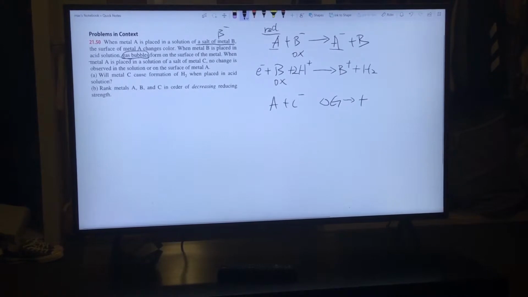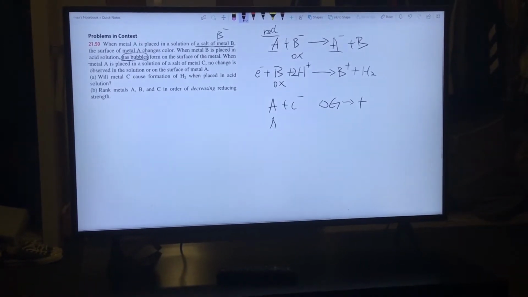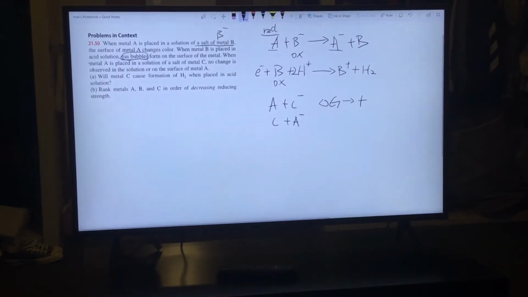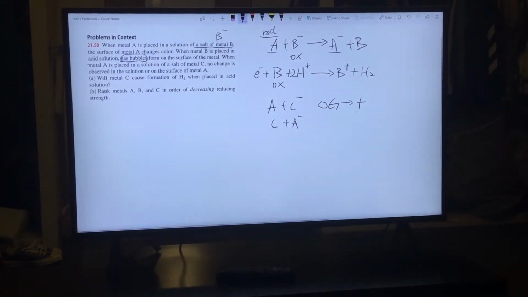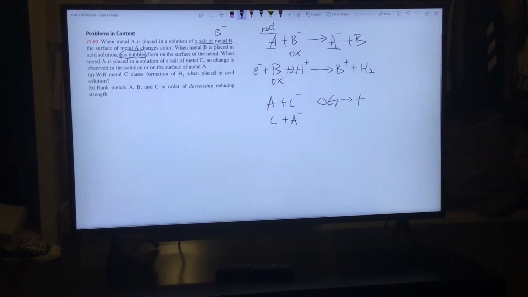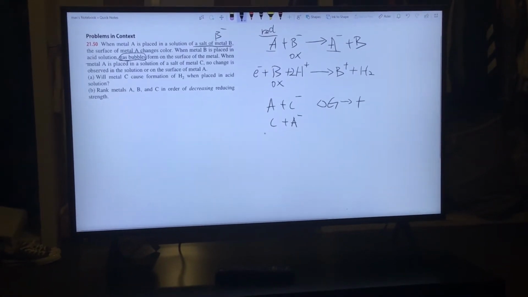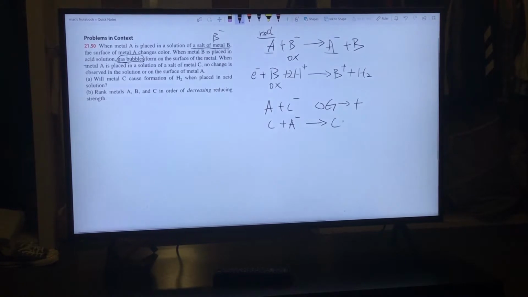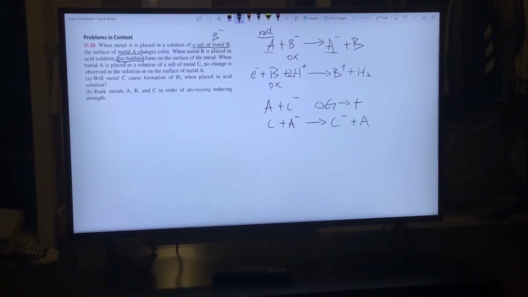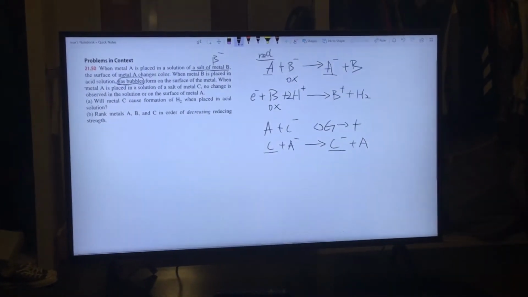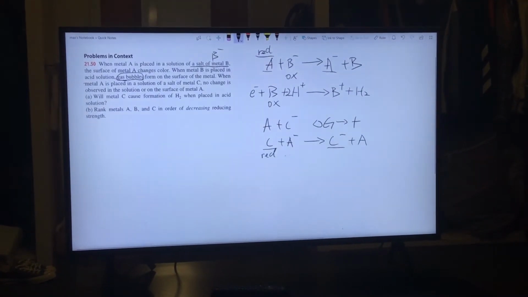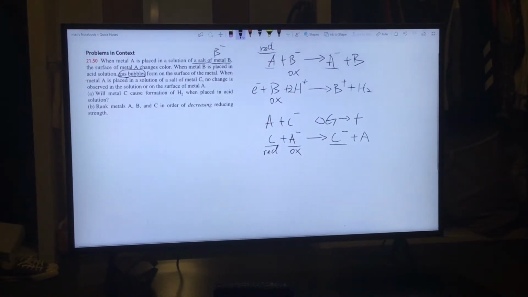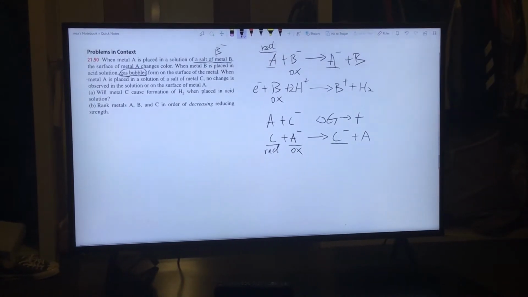So if it's not spontaneous, that means C minus plus A would be working because the delta G would be negative, and the equation would be spontaneous. So let's write that out. C minus plus A. Here C, because it gains an electron, this is the reduction, and A is the oxidizing reaction. Okay, so now we have analyzed the question.